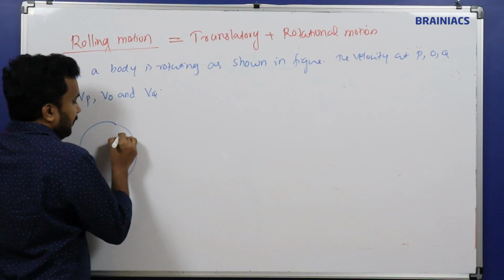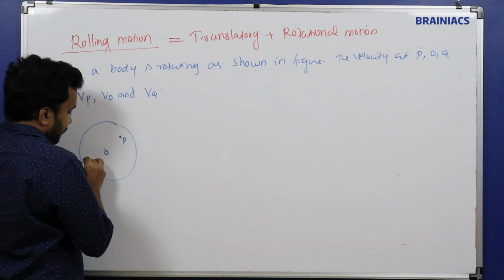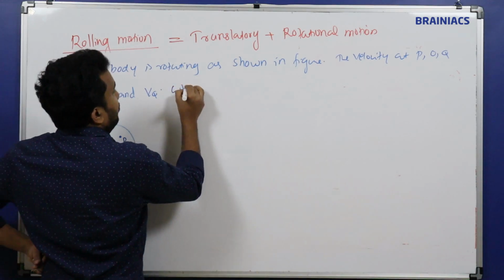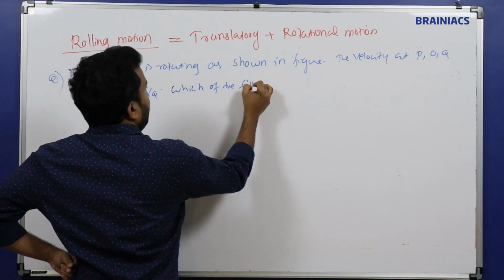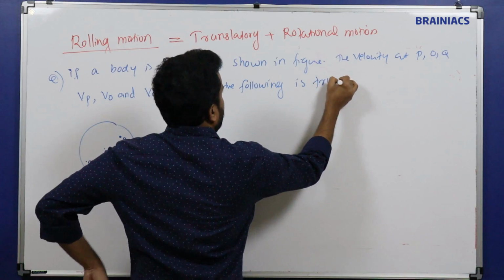So a diagram will be given. This is P, center O, and point Q. Which of the following is true?